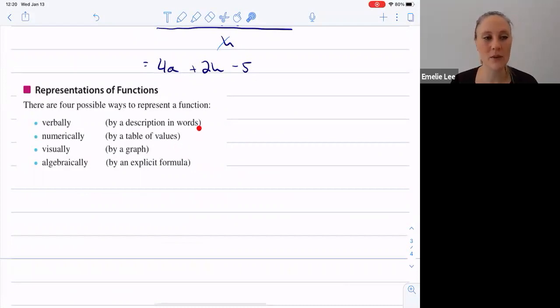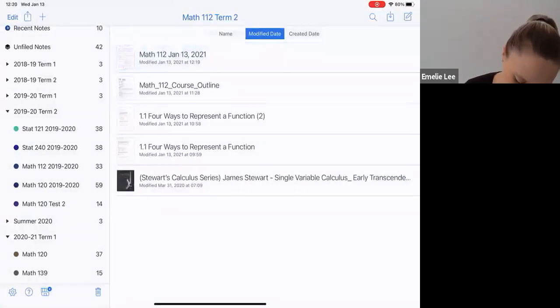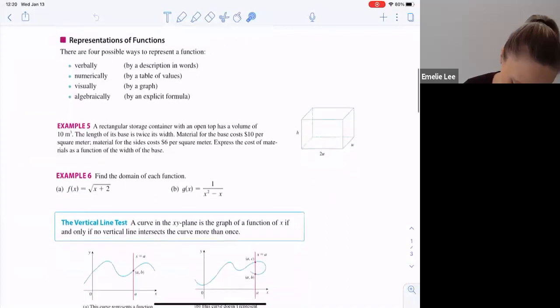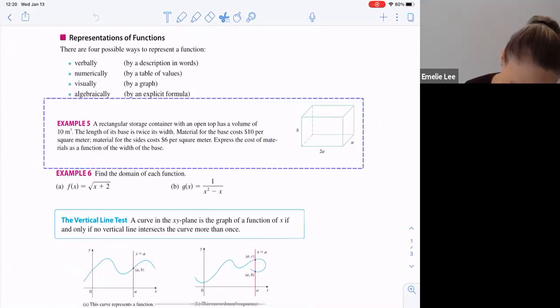So we've seen all these, but as an example of a function that's represented verbally, we'll do that storage container example, which is on here. And I might just sneak, oops, try to include the box too.